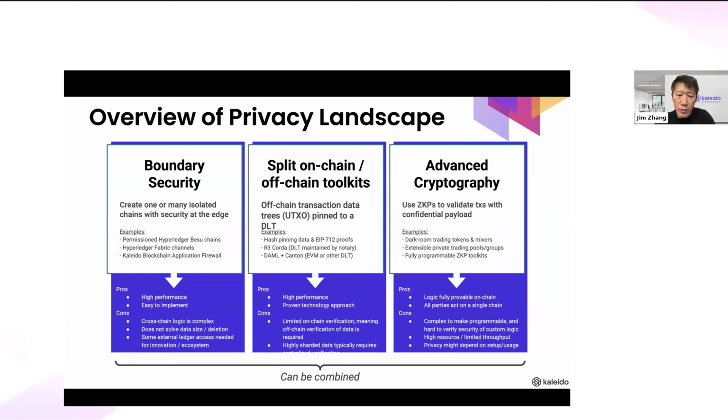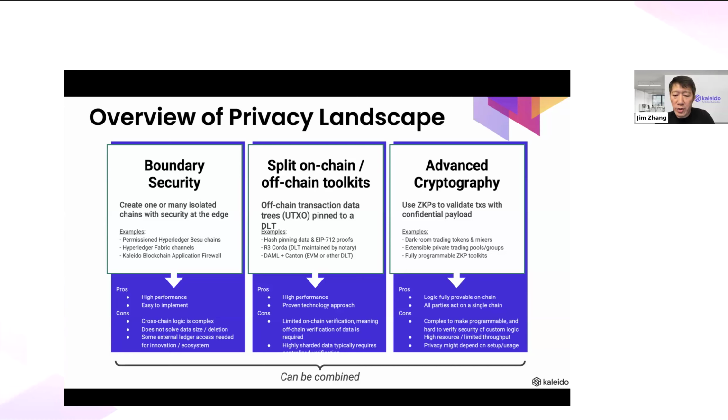A similar idea was also used in R3 Corda, as well as the Canton architecture, where states are only maintained by the parties that are involved in the transaction. For any parties in the network that are not part of a transaction counterparty, they don't even have the state. So that's going a bit further in terms of maintaining private states.